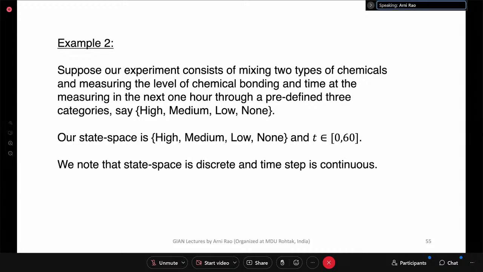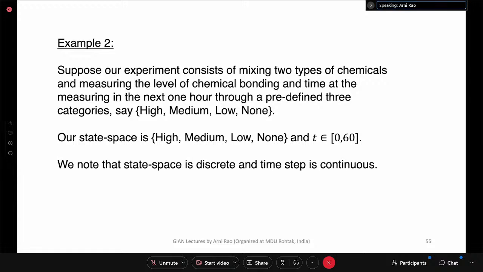You may want to see after 30 minutes, 29 seconds, or after 32 minutes, 23 point something seconds. Anytime, you just start the clock, stop the clock, and you see the experimental outcome. So the outcomes are each time either high, medium, low, or none. But outcomes are discrete. The state space is discrete.